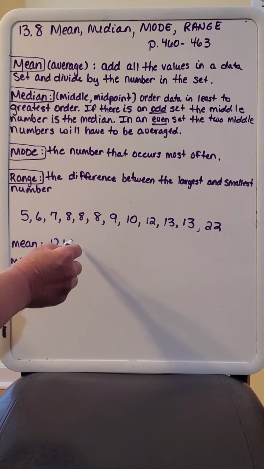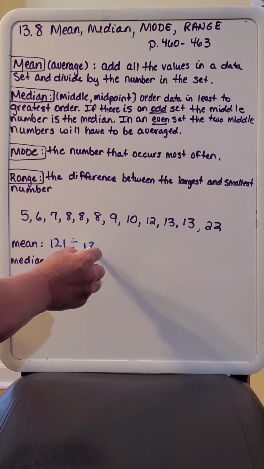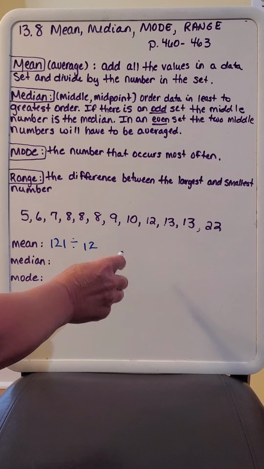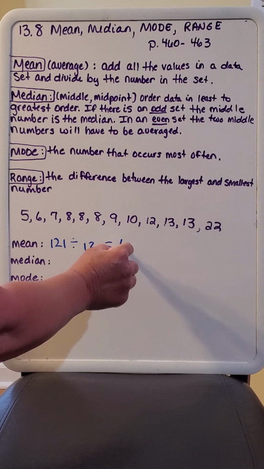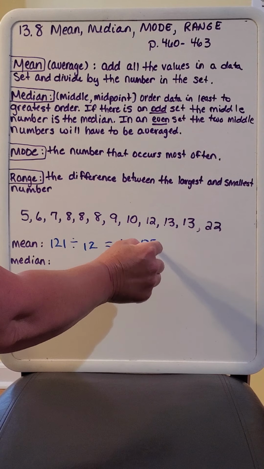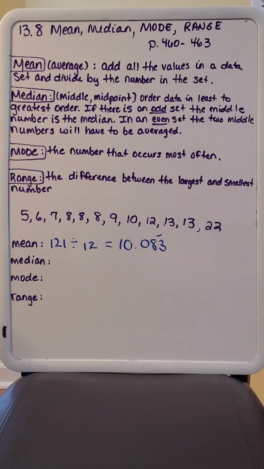Then you'll have to take 12 and divide 121, and you will get the decimal number, and that's fine, 10.083. I'm going to put a repeat bar over that 3 because the 3 repeats. Okay, so total up the data set and then divide by however many there are. So that's the mean or the average.